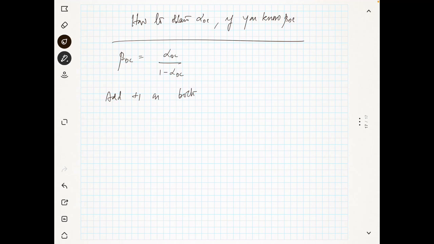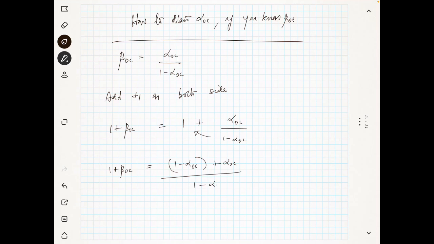So add plus 1 on both sides, what will happen? 1 plus beta dc is equal to 1 plus alpha dc by 1 minus alpha dc. I think this is clear to you. Okay, now 1 plus beta dc is equal to, you can cross multiply here. So it becomes 1 minus alpha dc plus alpha dc divided by 1 minus alpha dc.